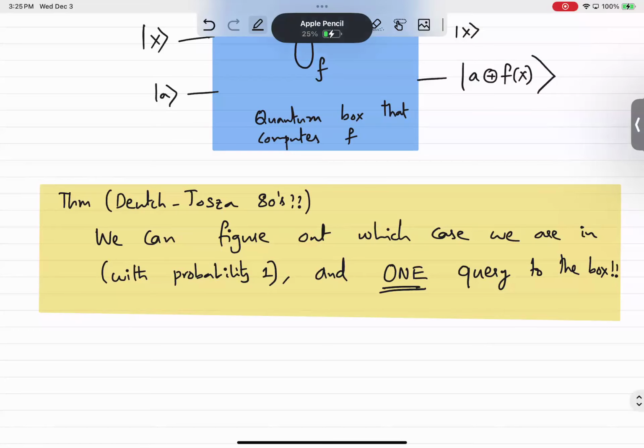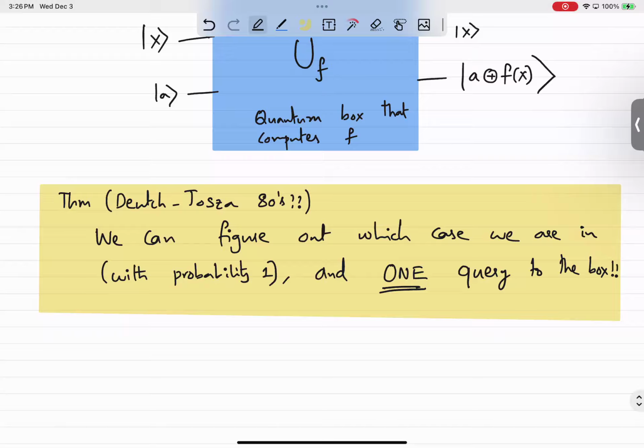So if it is quantum, I can actually figure out which case I am in, whether half the inputs are zeros and half the inputs are 1, or all of them are zeros, by making one use of the box.